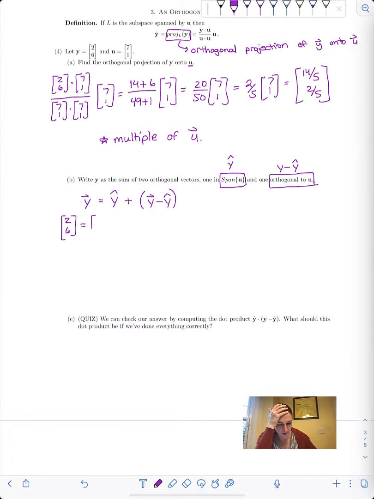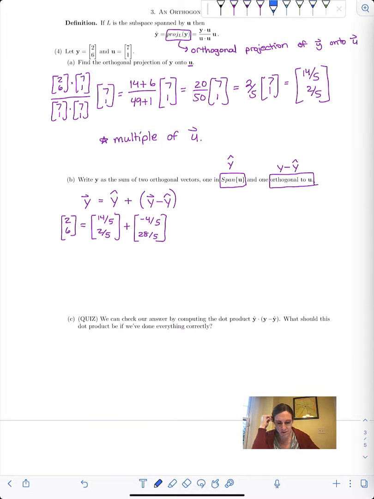So here we have y equals y hat plus y minus y hat. And so we just take 2 minus 14 fifths, which gives us negative 4 fifths, and 6 minus 2 fifths, which gives us 28 fifths. And of course, the two on the right-hand side add up to y.